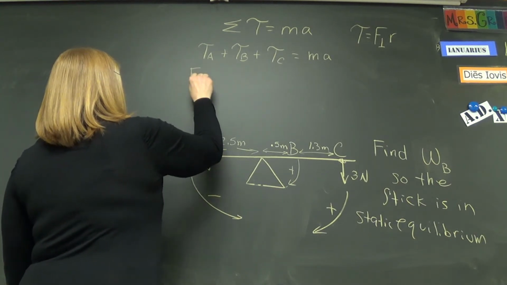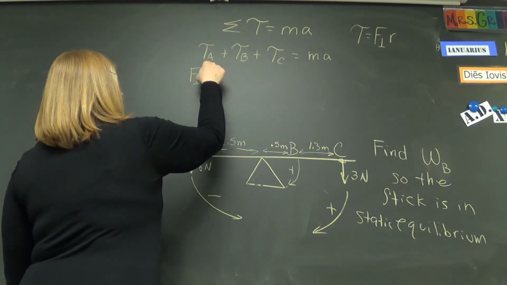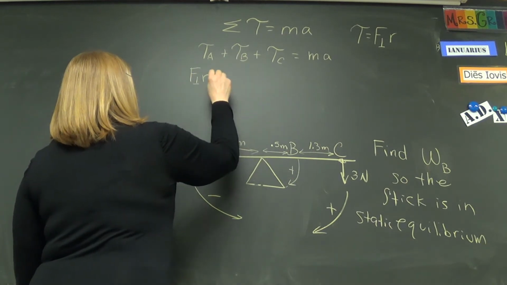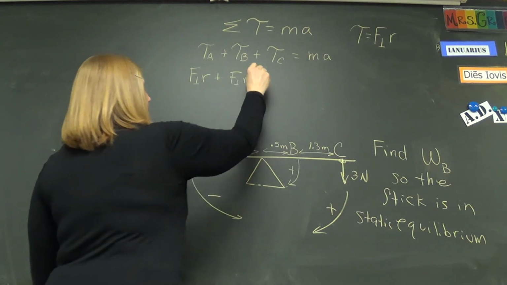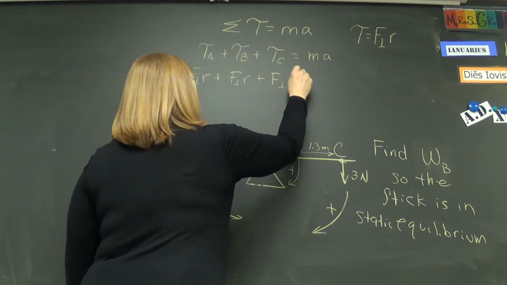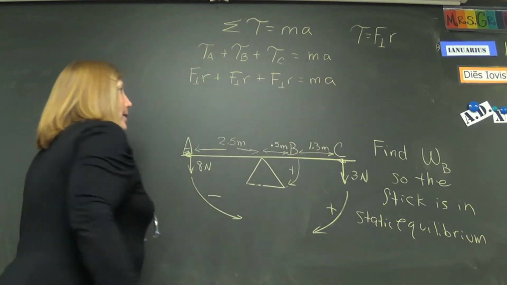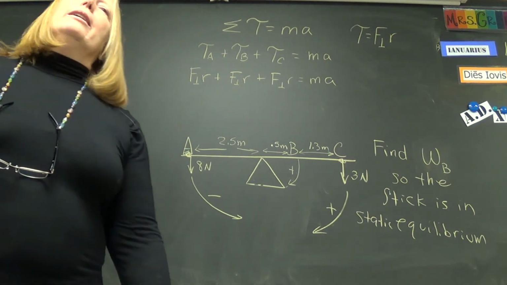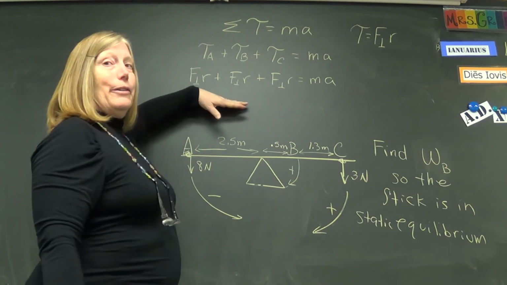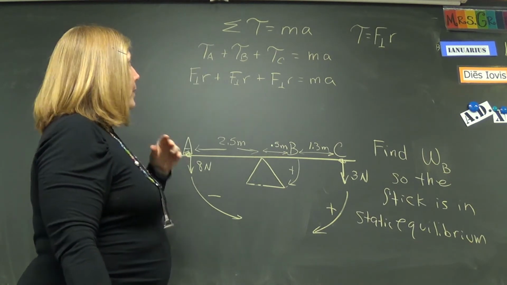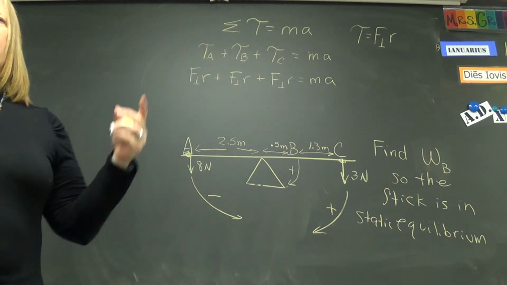So force perpendicular times R for the A guy plus force perpendicular times R for the B guy, and the same for the C guy. So we need to fill in. I'm going slow. Normally we would jump right from this step to the step I'm going to write now, but I'm just showing those who are absent what our thinking is.